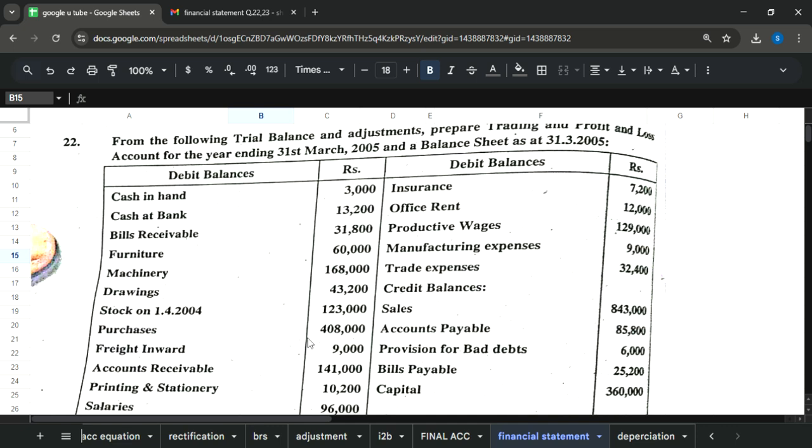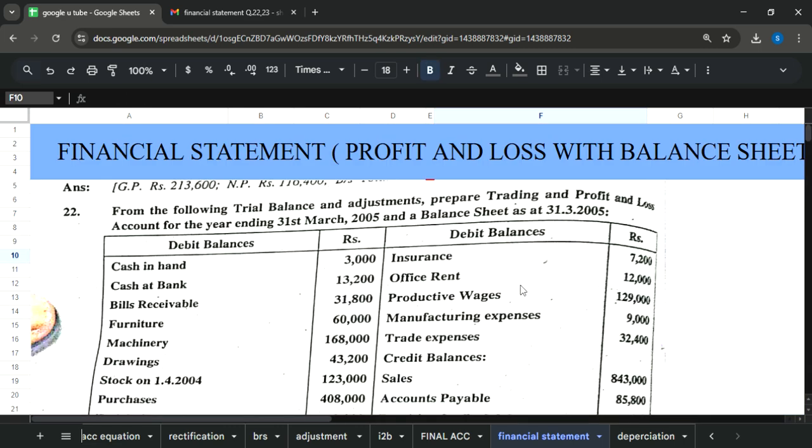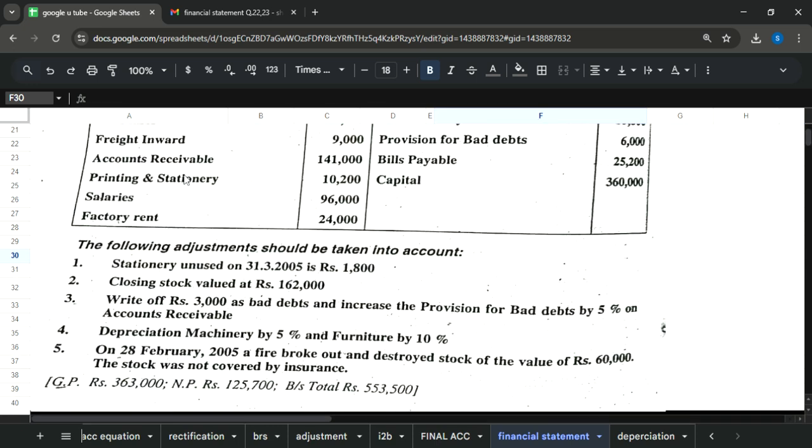Account receivable or debtors, one and the same thing, but I am going to write account receivable so that you can understand from where we have taken this 141,000.